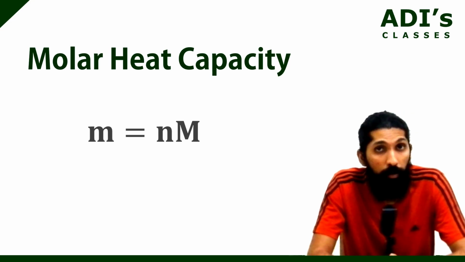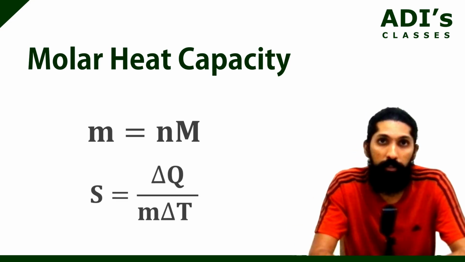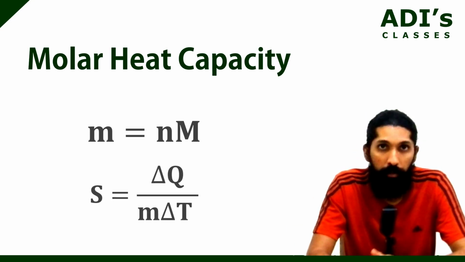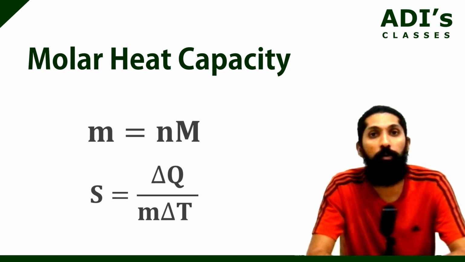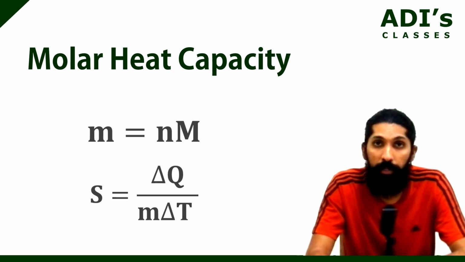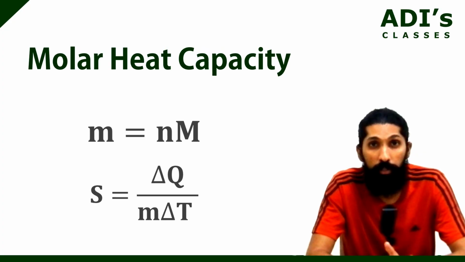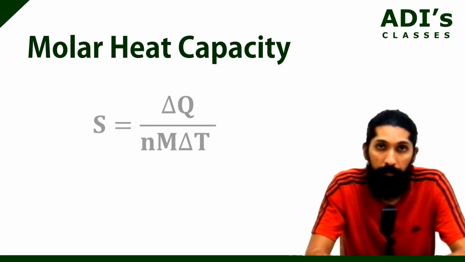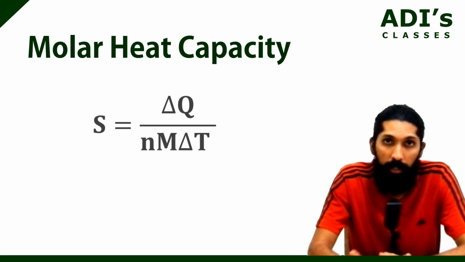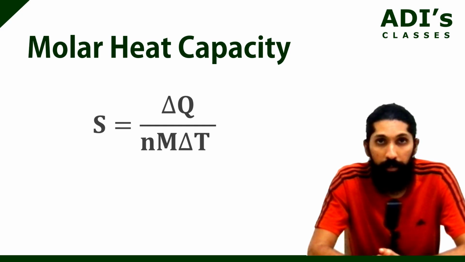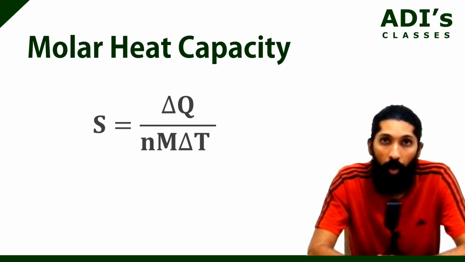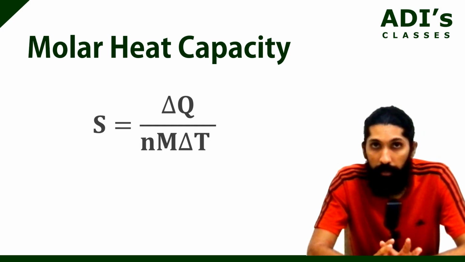Now, where are we going to apply this? In the specific heat capacity formula. What was the formula? S is equal to delta Q by m into delta T. So, what is m now? N into capital M, right? So, S is equal to delta Q by N M into delta T. Or take that capital M to the other side.